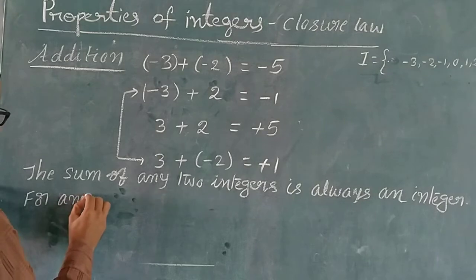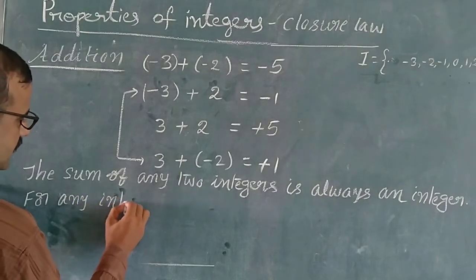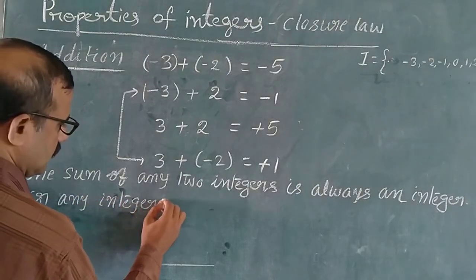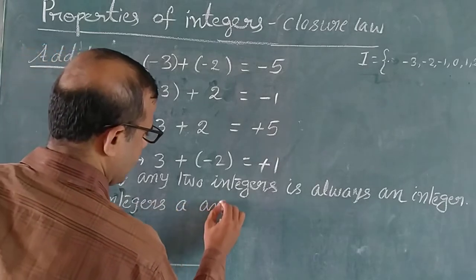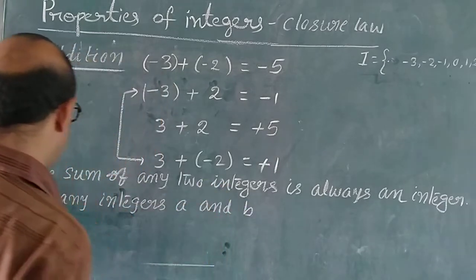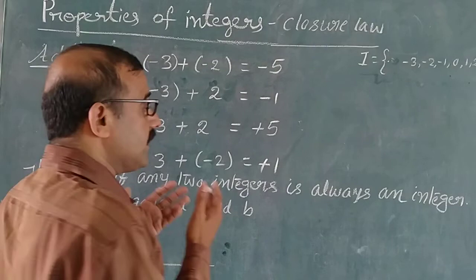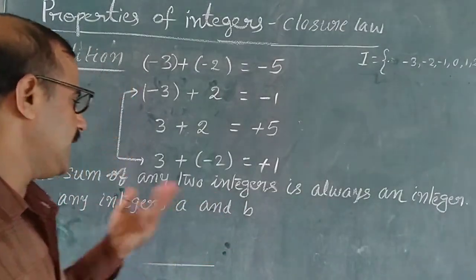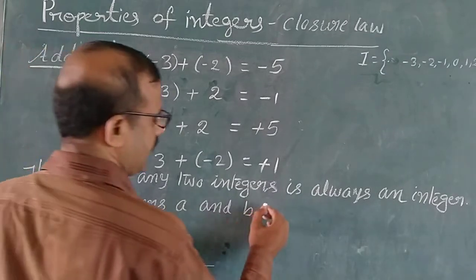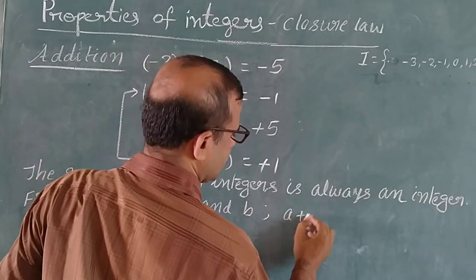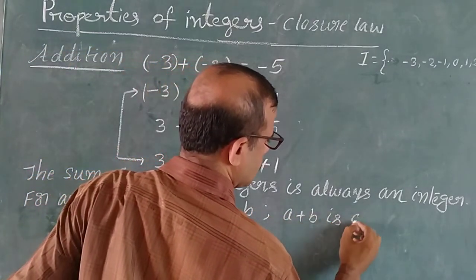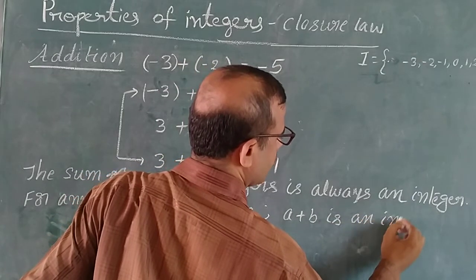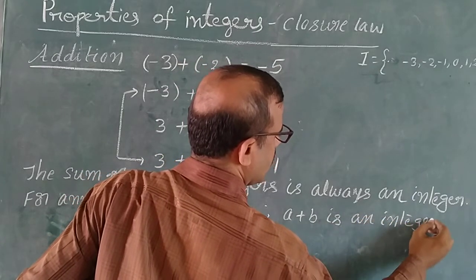For any integers a and b, where a may be positive or negative and b also positive or negative, any integer: for any integers a and b, a plus b is also an integer.